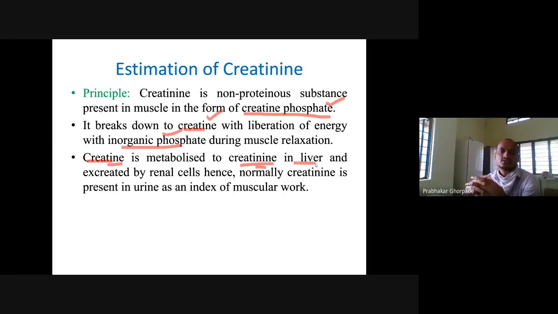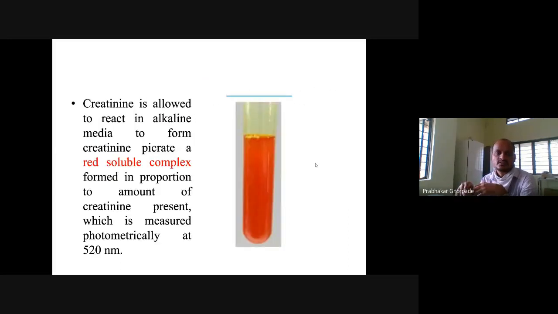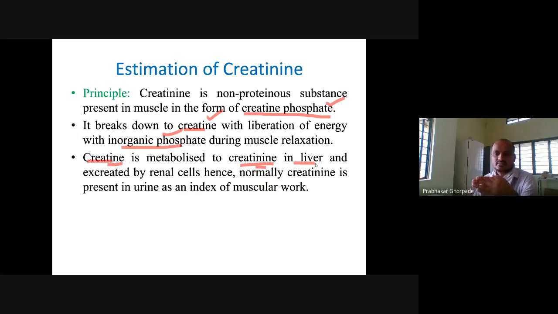So creatinine should usually be present in the urine. If it is not normally present in the urine, it means there is some abnormality in the renal tubules, or the kidney is not functioning properly. If creatinine level increases, that may also indicate that it is not being excreted normally.